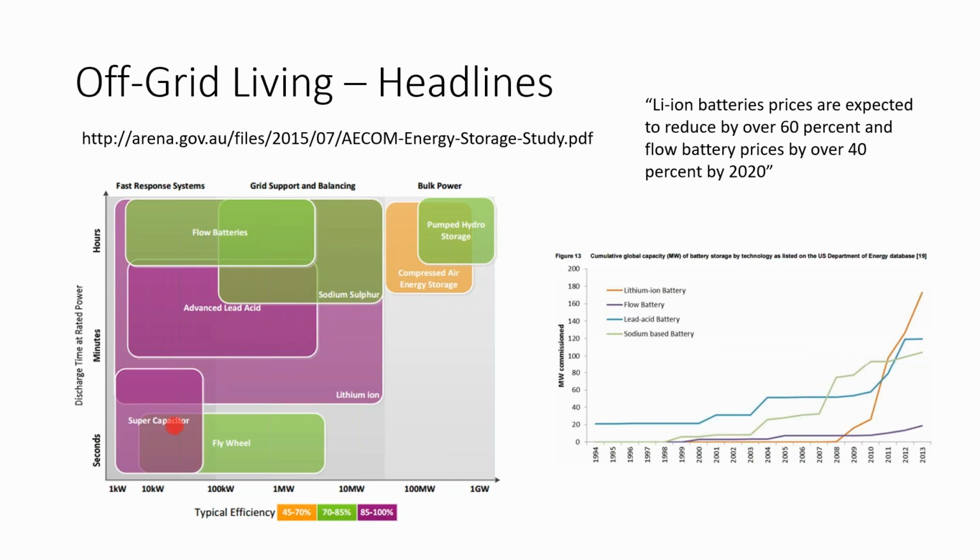And so that's where capacitors and flywheels really shine, in instances where you need that immediate dispatch and release of storage. Maybe a supercapacitor would be better for electric vehicle regenerative braking systems rather than lithium ion batteries even.